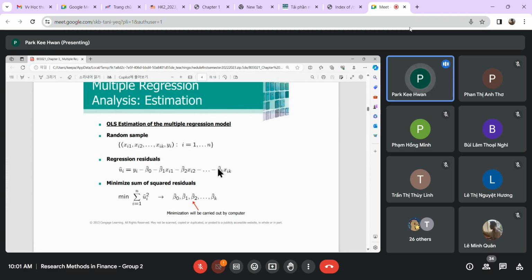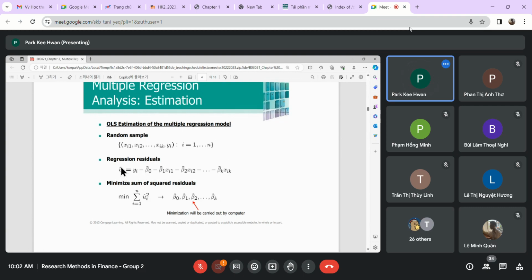So yi is the actual wage rate of the i-th worker, and this is the predicted wage rate of the i-th worker. The difference between actual and predicted wage we call the residual. Okay, so the residual has the hat on top of it.